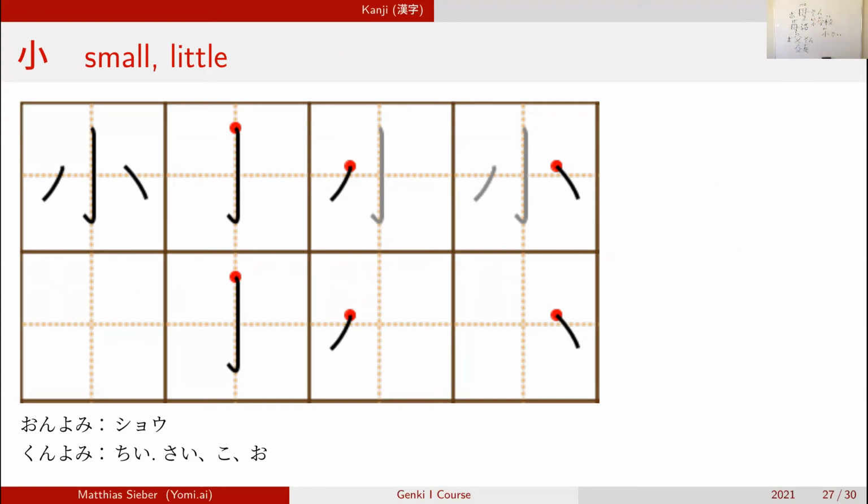So shougakkou is elementary school, and then just as a reminder, this is shougakusei. Now this is gaku. Right, so shougakusei would be elementary school student. Cool.